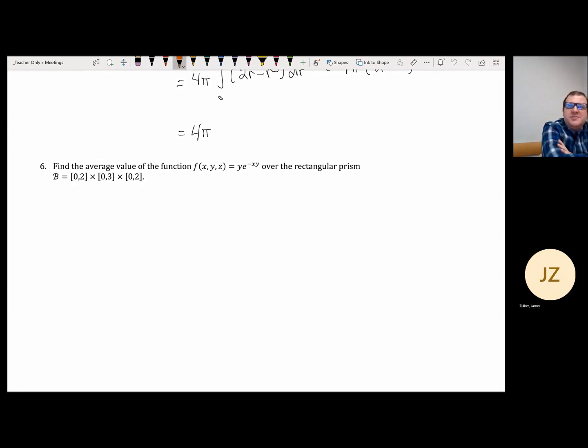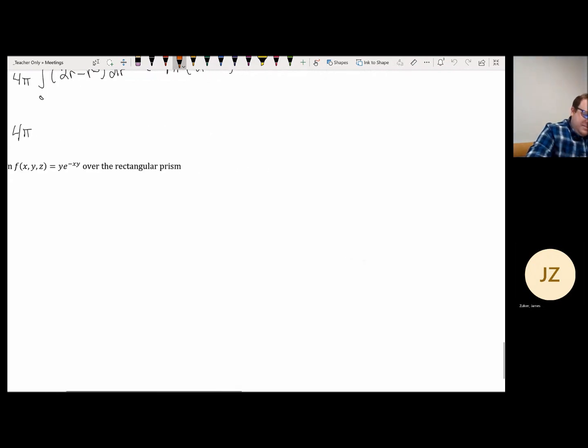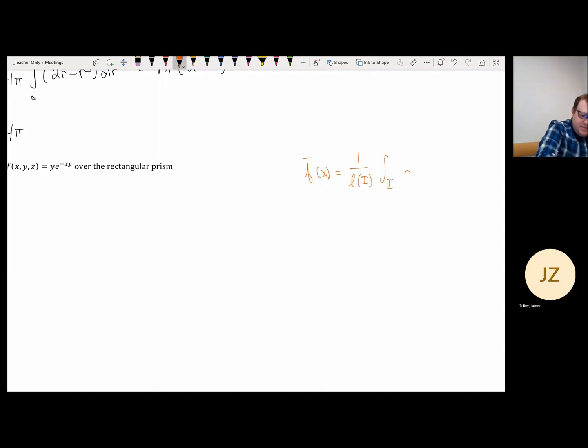As a refresher, I'm going to just replace ds with dl, doesn't matter. The average value of a single variable function was 1 over the length of the interval times the integral over the interval of the function, right? And dl is just the length differential, so for f of x it'd be dx.